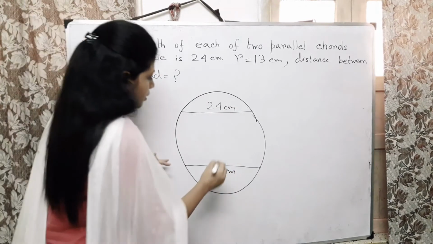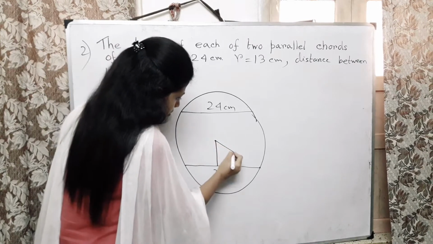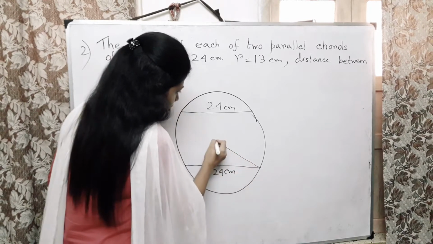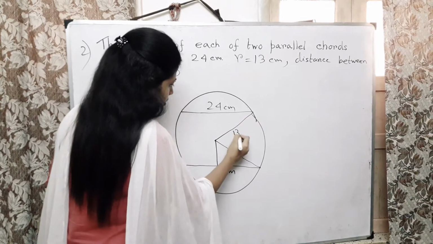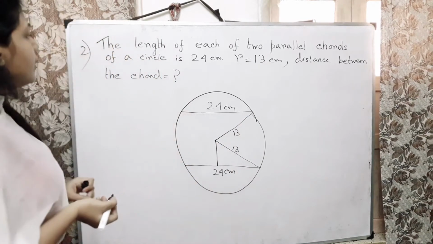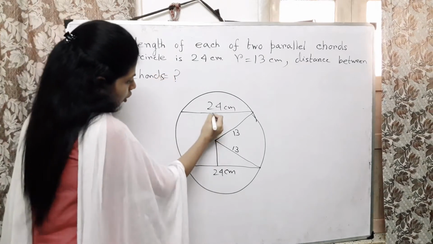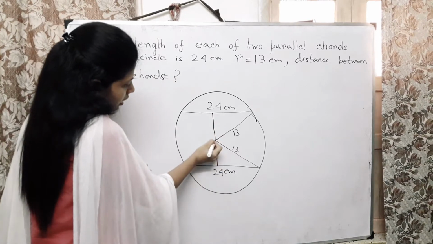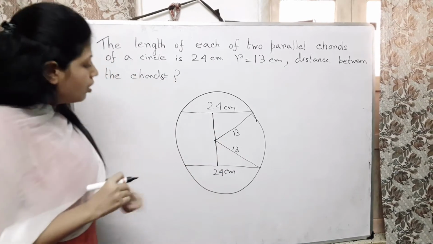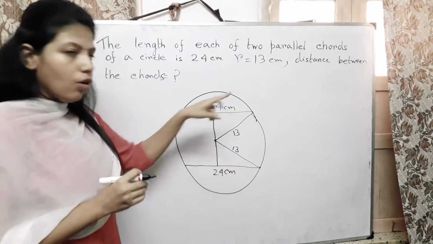Radius 13 cm. Distance between the chords. That means if I draw a perpendicular here, it is the center. Now both of them are perpendicular to these chords.